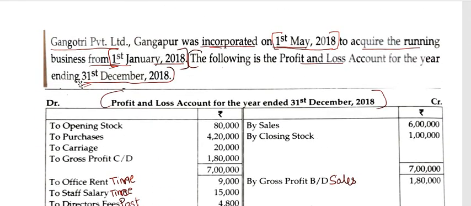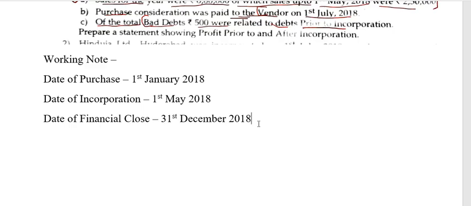So date ending is, the year is ending on 31st December 2018. Okay, now by taking the purchase date, the incorporation date, and the date of financial close, we can identify how many months are of pre-incorporation and how many months are of post-incorporation.